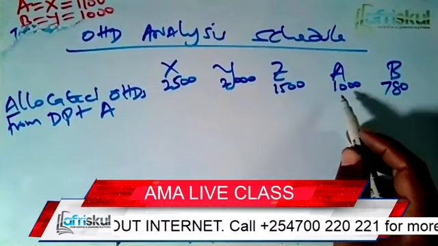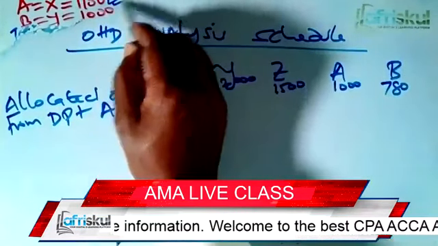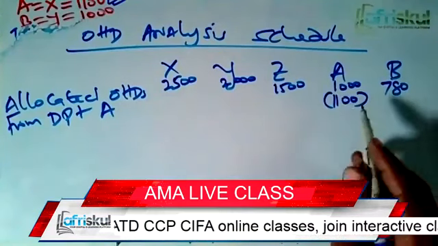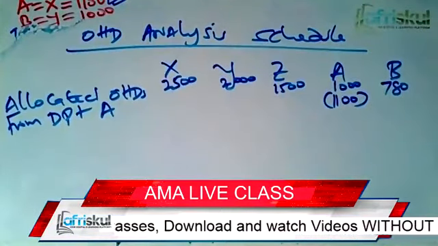Don't remove this 1,000 alone. We know that department A was receiving something small from B, and that is why the total department A's overhead was 1,100. So we are deducting 1,100, and then we redistribute this to all the departments.